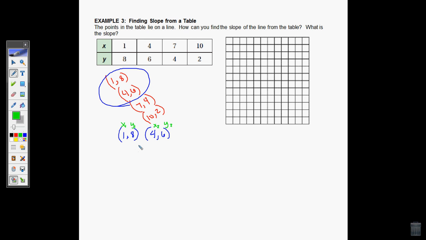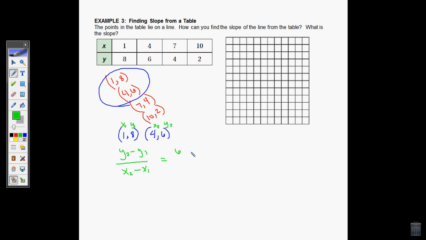The one and the two don't change the number at all. It's just a way for me to recognize which one is which. So now I'm going to go to my formula. It's y2 minus y1 over x2 minus x1. And now these little small numbers here are starting to make a little bit more sense.